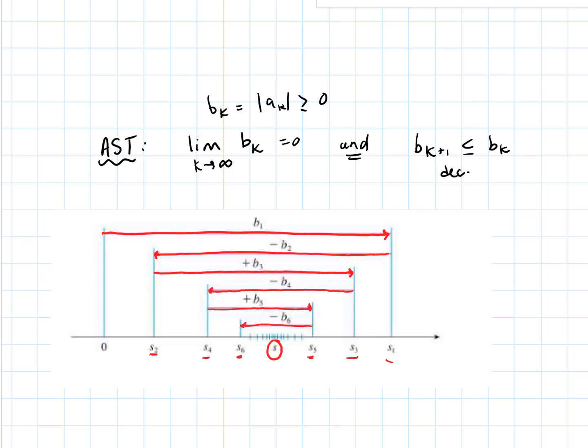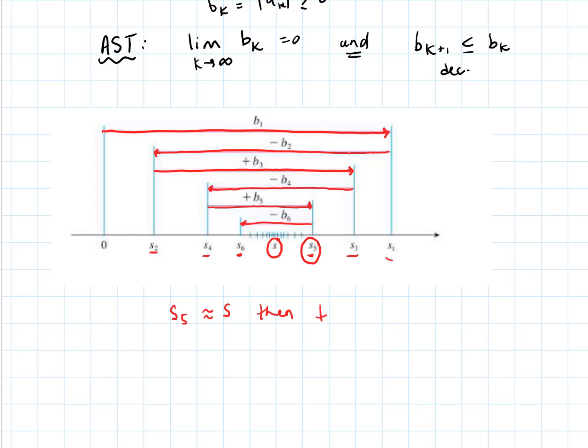So if I were to stop right here at S5, if I were to use S5 as an estimate for S, then the error, or the remainder, R sub 5, would have to be less than B6.